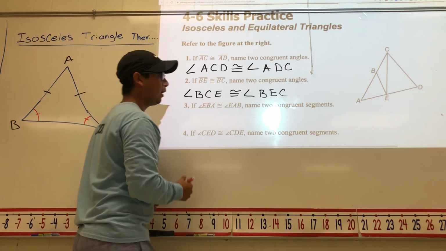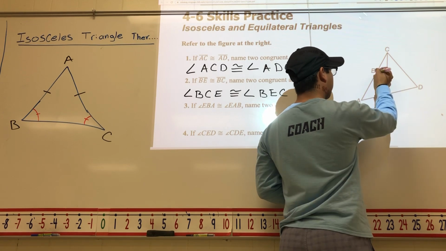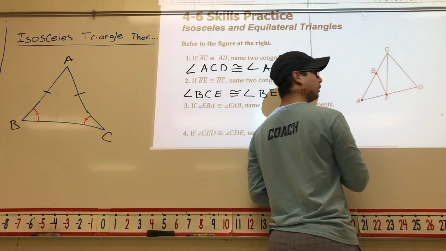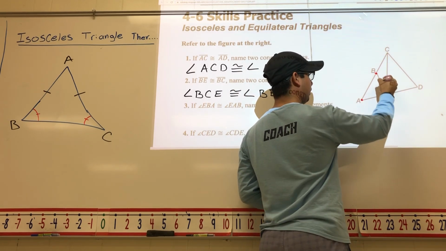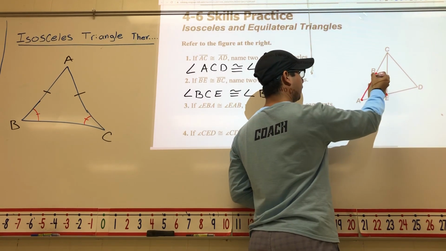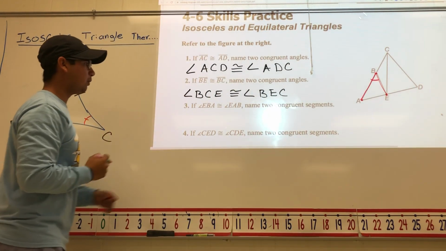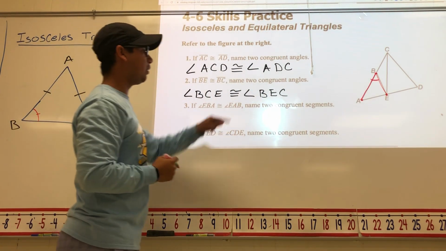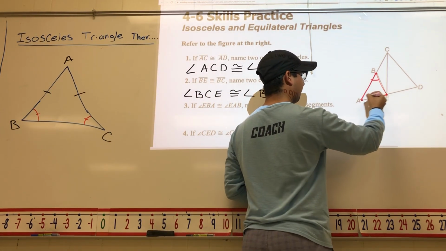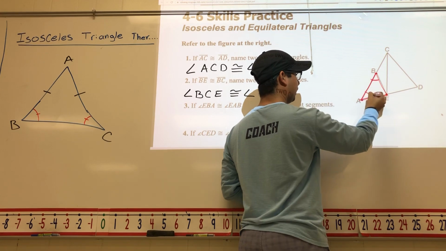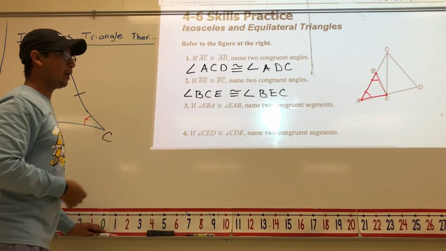Angle EBA, we're talking about this angle right here. Is congruent to which other angle? To angle EAB. So EAB, we're talking about this angle right here. Okay, so those two angles are congruent.